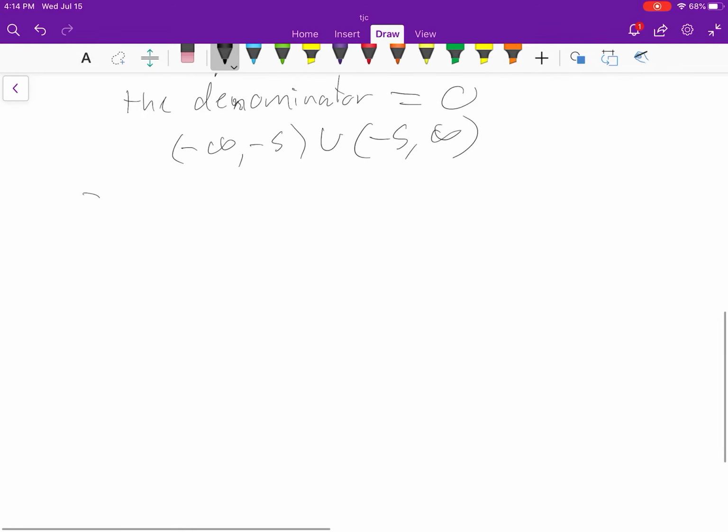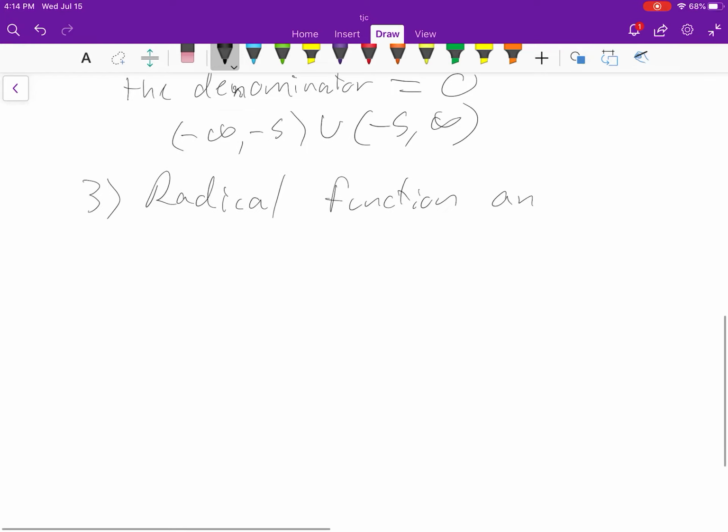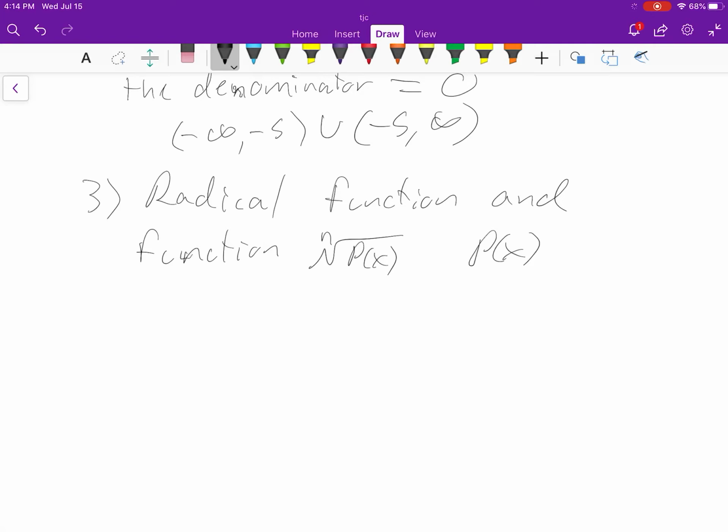And the third type of function we're going to be looking at is your radical functions. Now, a radical function is any function that can be written like this, where p of x is again a poly.